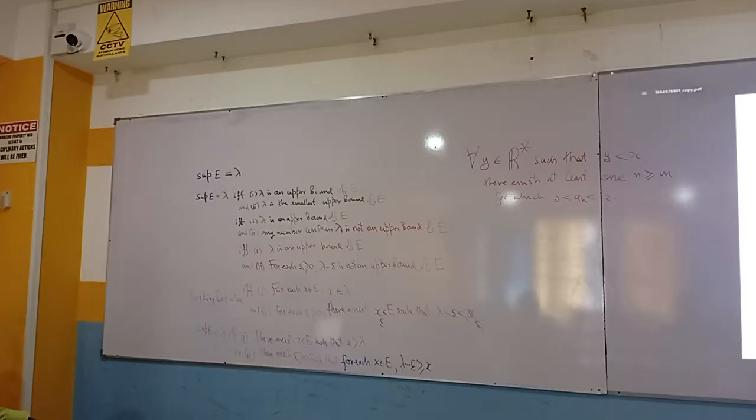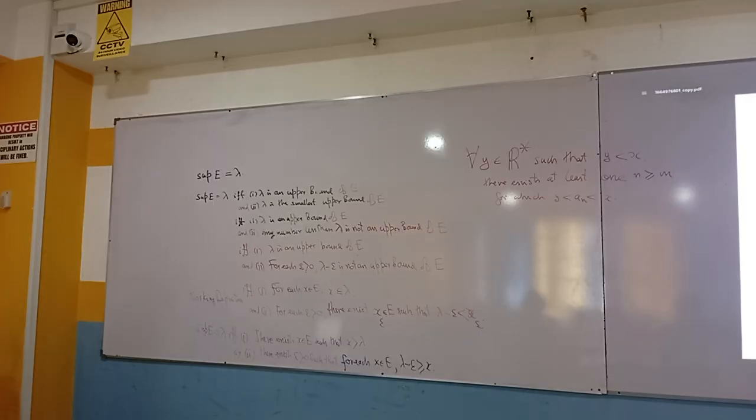Then the last one here: for each y belongs to R star such that y less than x, there is at least one n greater than or equal to m for which y less than a_n less than or equal to x. So it is kind of like my language. If you take any epsilon, then lambda minus epsilon is a small number. There must be at least one a_n bigger than lambda minus epsilon. That sort of language here.